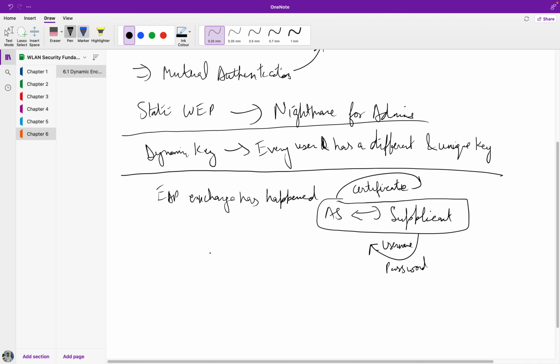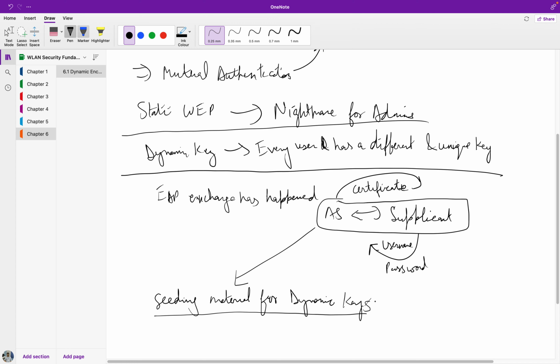This newfound information becomes a seeding material for dynamic encryption keys. This is what it really does.